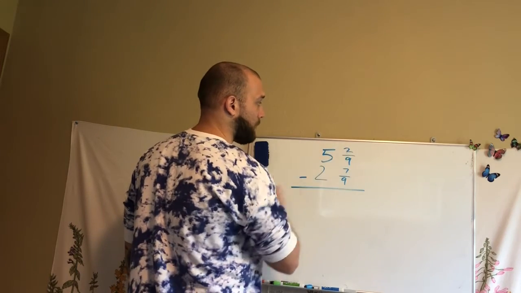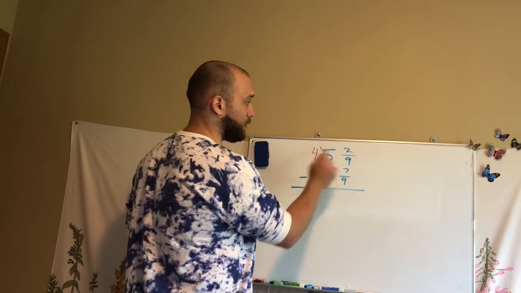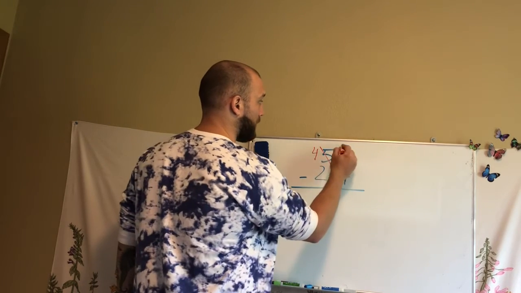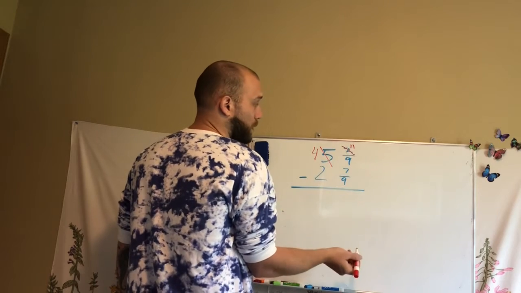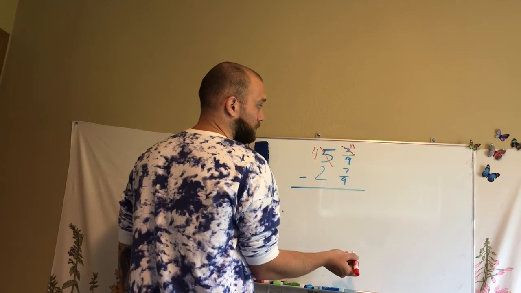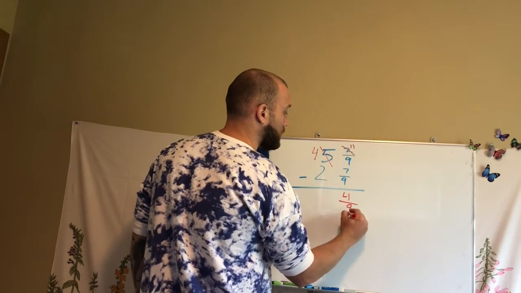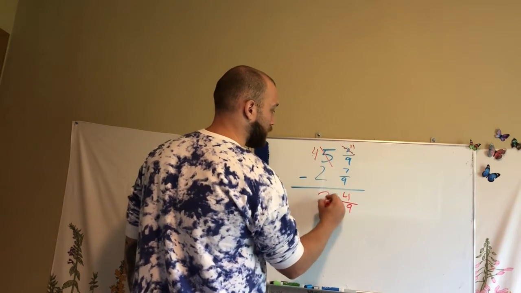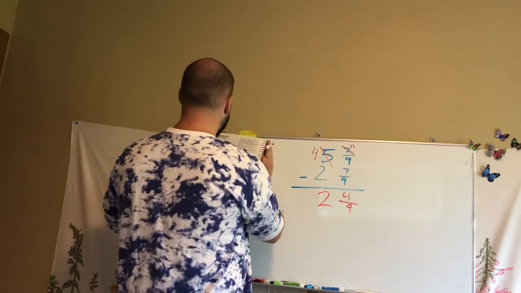But this is smaller, so you still need to borrow from here and add 9/9 over here, which will give you 11/9. Now you can work the problem. Here you'll have 11 minus 7 is 4/9, and 4 minus 2 is 2. There's your answer.